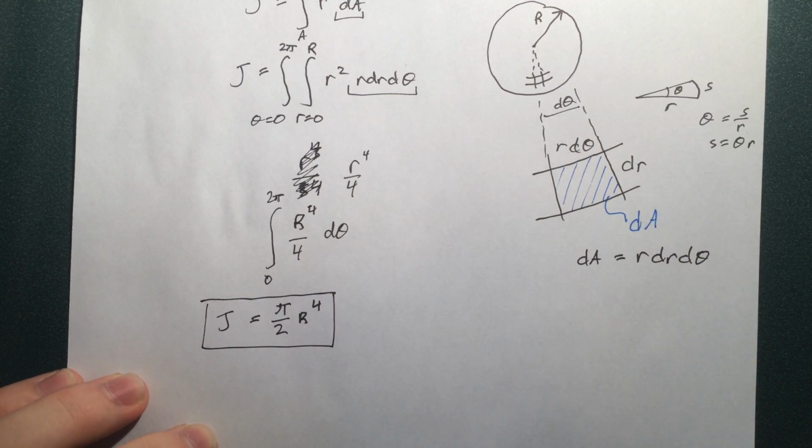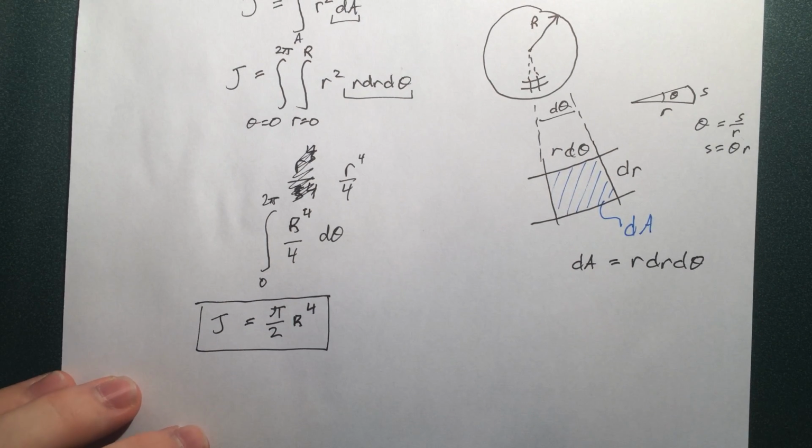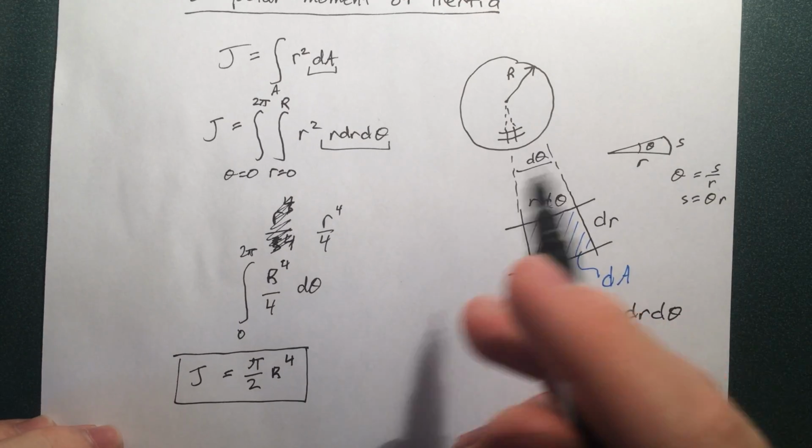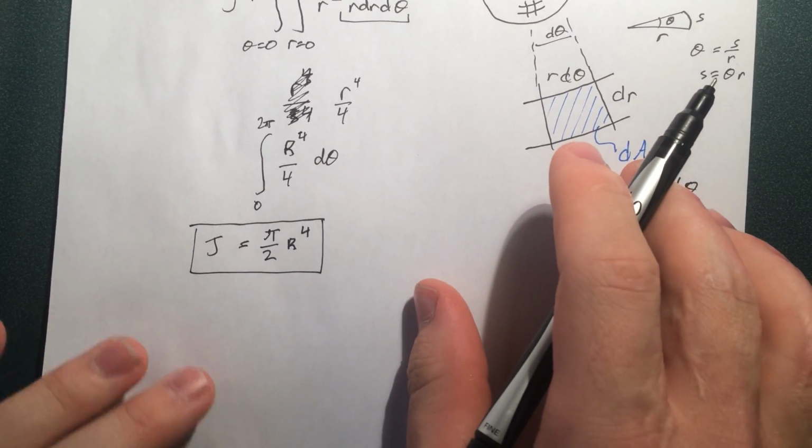So that's our final expression for the polar moment of inertia. And this is called polar because we're taking it about this polar axis. Other moments of inertia, you might do like a square or something, and you won't call it the polar moment of inertia.